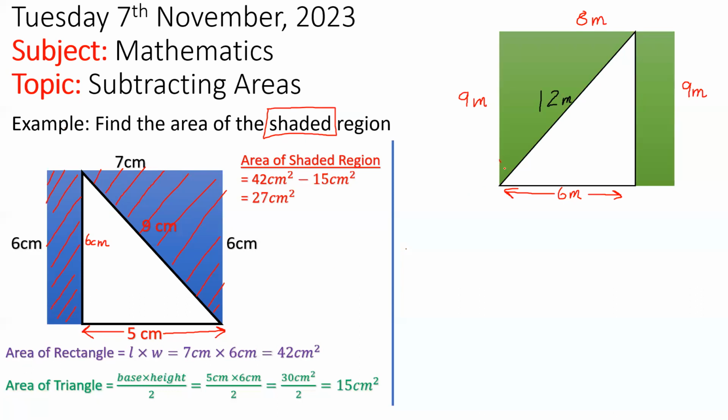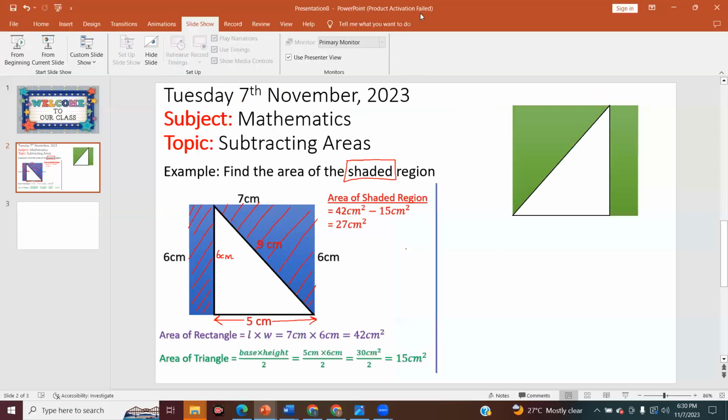That means we're going to find this area right there, all of that right there, and not only that, but also this side as well. We want to find the area of the shaded region right now. Okay, good. So let's begin.